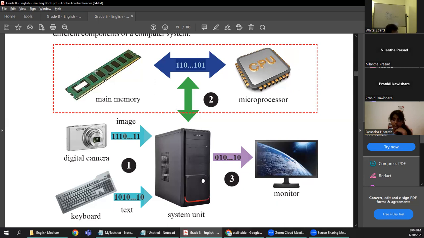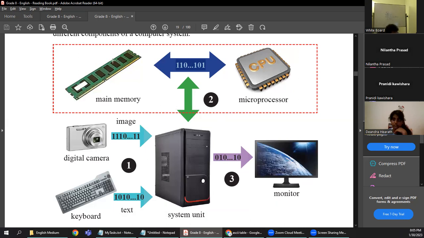So the memory is storing the data temporarily until it is processed in the microprocessor. Before the microprocessor processes the data, all the data sent is held in memory.